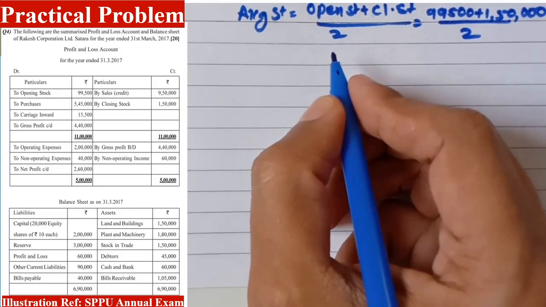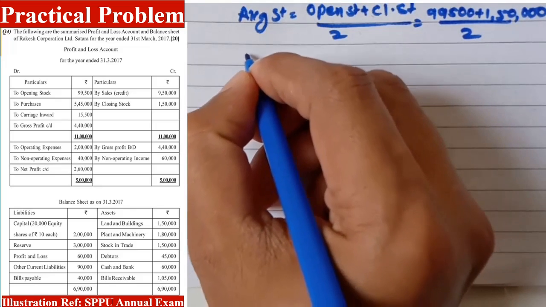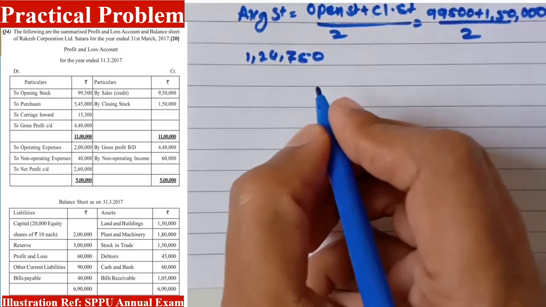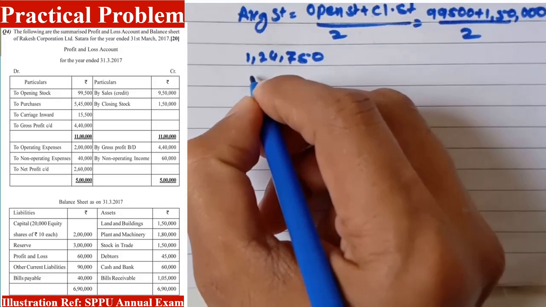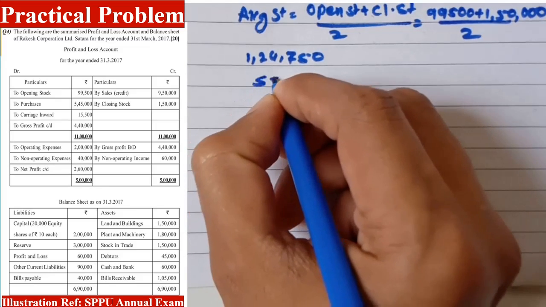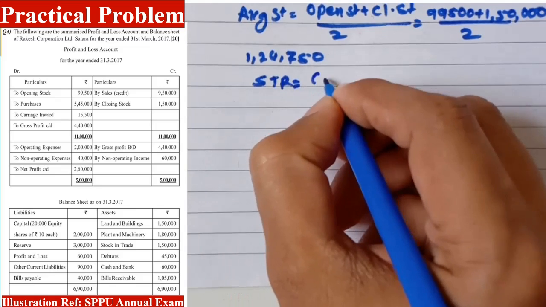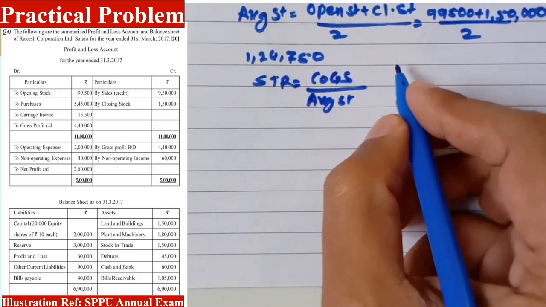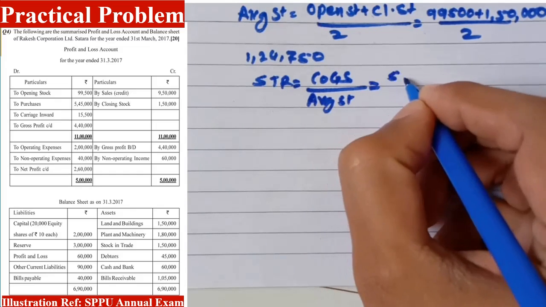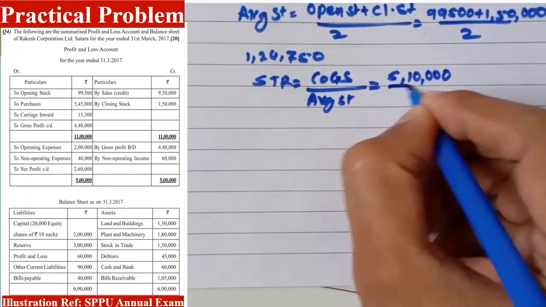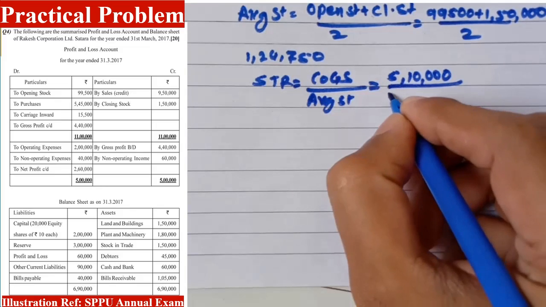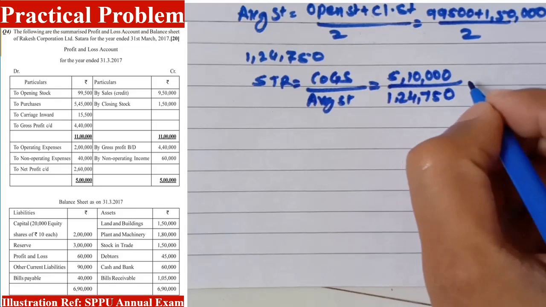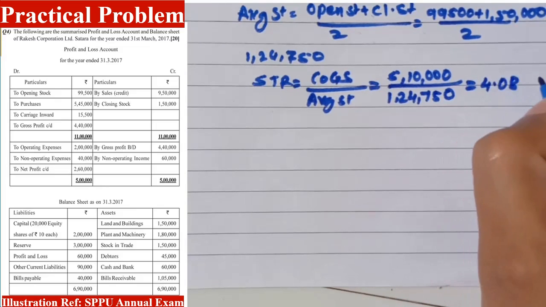So the total or average becomes 1,24,750. Now let us calculate stock turnover ratio. So the STR is equal to again cost of goods sold upon average stock. So the cost of goods sold that we have calculated is 5,10,000, and the average stock is 1,24,750. So that becomes 4.08 times.